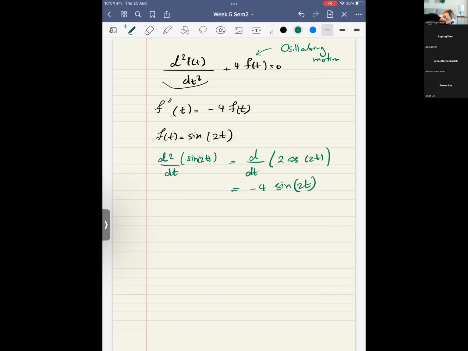Look at here, sine 2t looks like this equation, and works for this example.